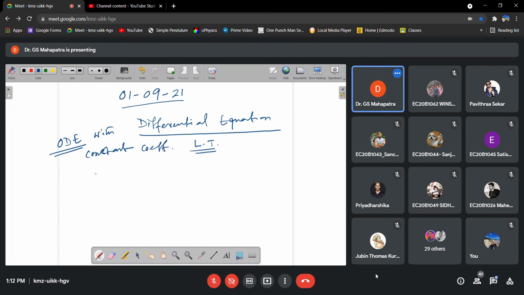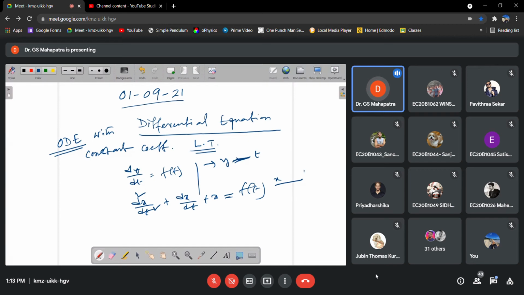That means a single differential equation such as dy by dt equals f of t, or d2x by dt2 plus 4 dx by dt plus x equals 50. Here y is the dependent variable and t is the independent variable; likewise x is dependent and t is independent.